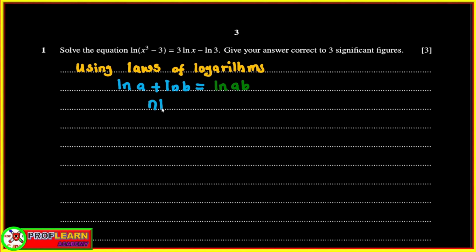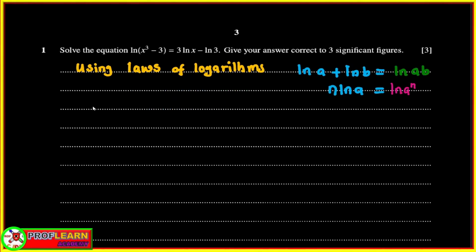Another law we're going to use is whereby you can take n up, so that if you have n log a, then you can write that as log a raised to power n. So if you look at this equation that we are given, first we can use this law of taking the number behind the log up to the power.